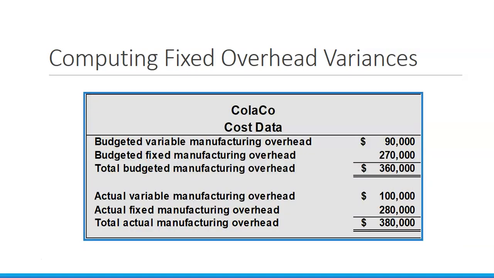We then have our rates: our budgeted variable manufacturing overhead and our fixed manufacturing overhead. Remember, we already looked at the variable manufacturing overhead variances. So what we want from this variance analysis is only the fixed manufacturing overhead rate, so we want to remove any of the variable information.